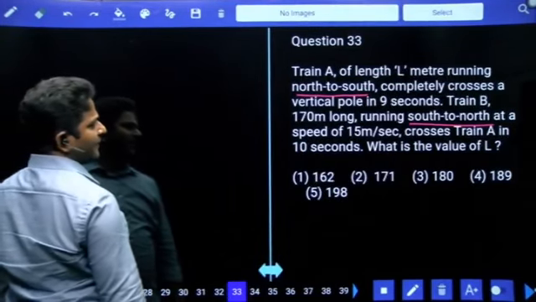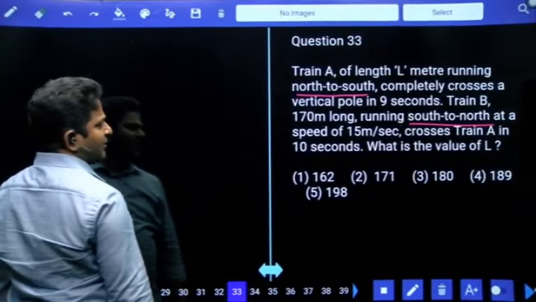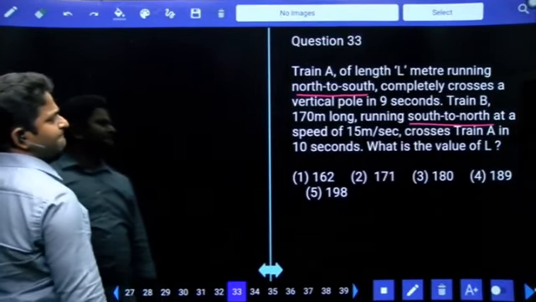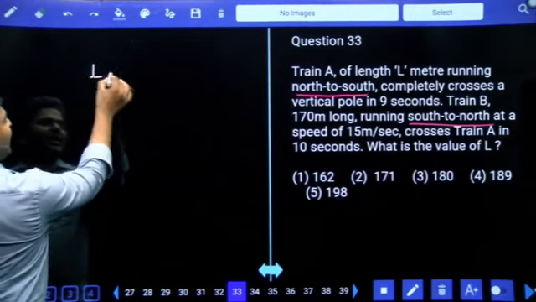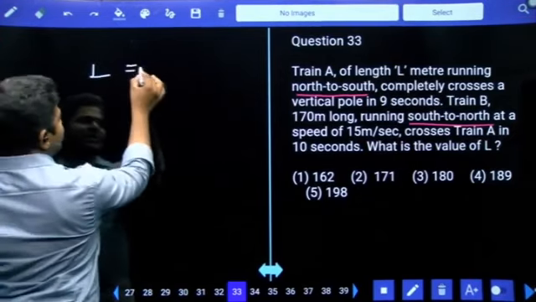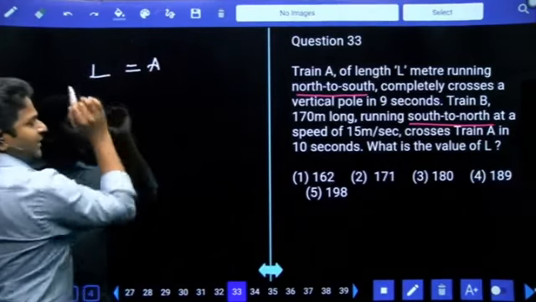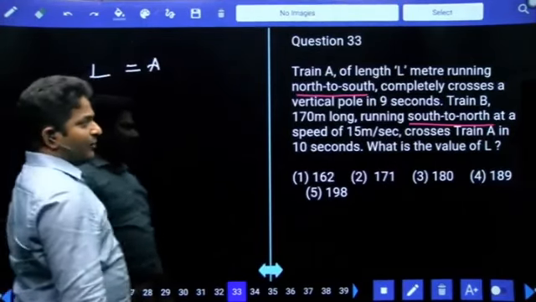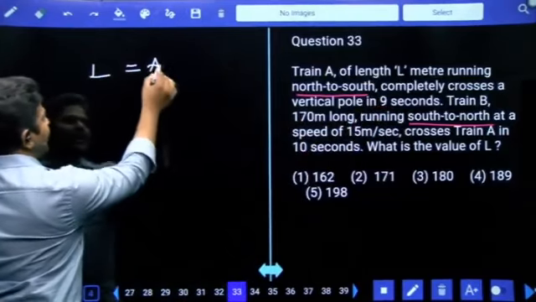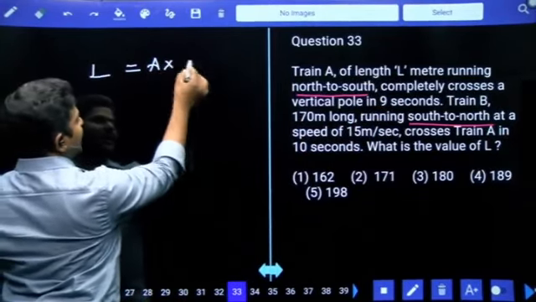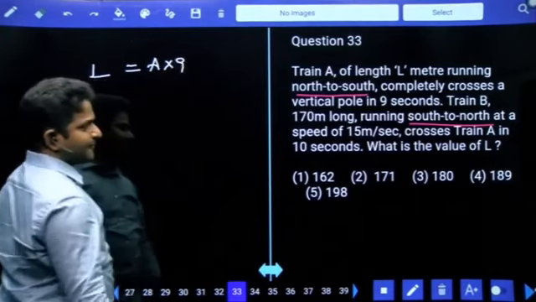Here, train A's speed is not given. Let's see. In the first case, train A's length is L, which is equal to the distance covered when a train crosses a particular pole. Speed of train A is A, and the time it is taking is 9 seconds.